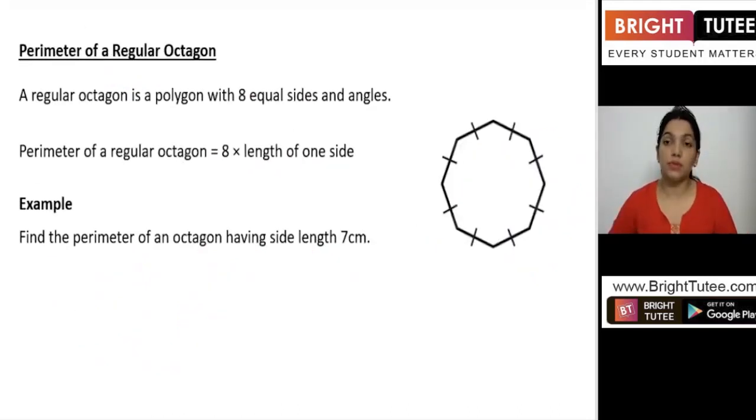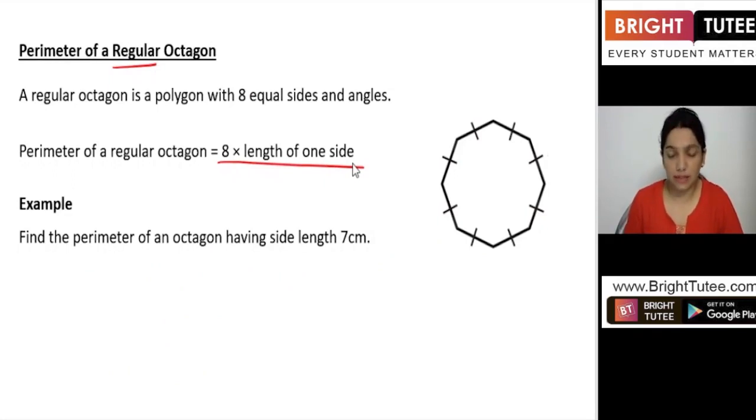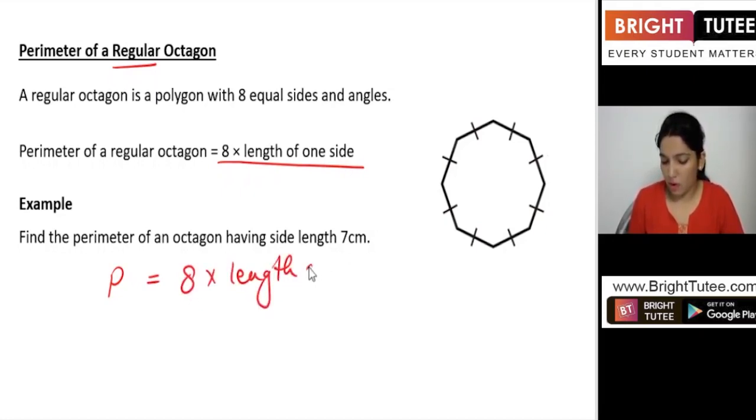The shape that you see here is an octagon. It is called an octagon because it has 8 sides, and because it is a regular octagon, that means we have 8 equal sides. So the perimeter will be 8 times the length of each side. So let us find the perimeter. I'm writing P for perimeter. It equals 8 times the length of each side.